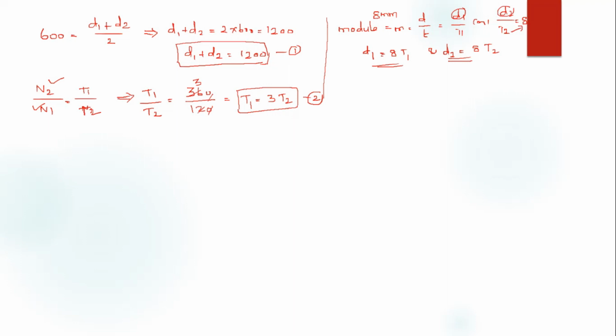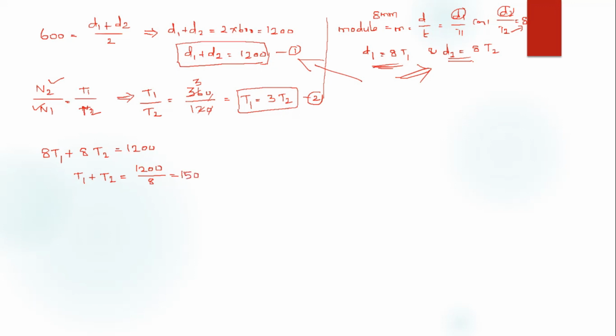Now substitute the values. d1 equals 8 t1, d2 equals 8 t2. Use these two values in this equation. So 8 t1 plus 8 t2 equals 1200. Now t1 plus t2 equals 1200 divided by 8, which equals 150.